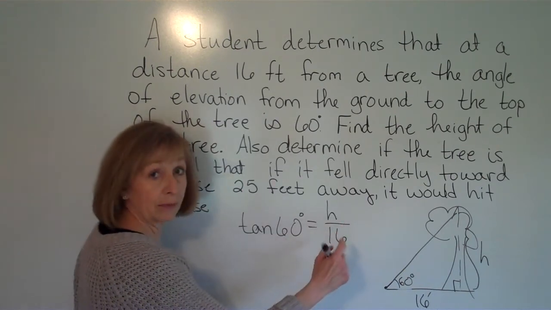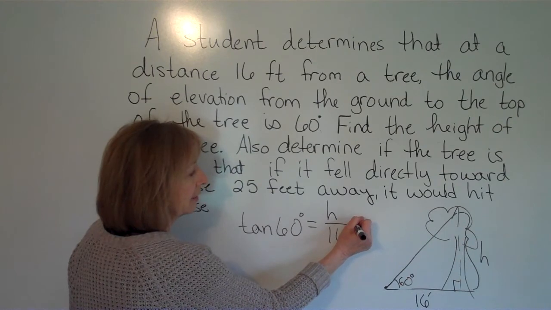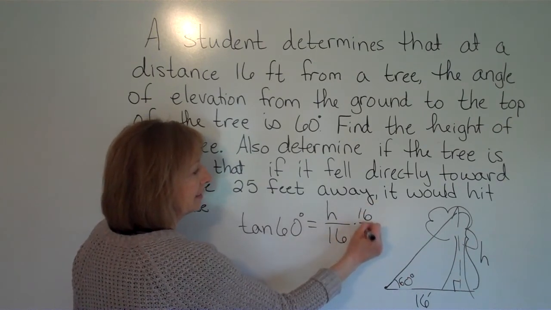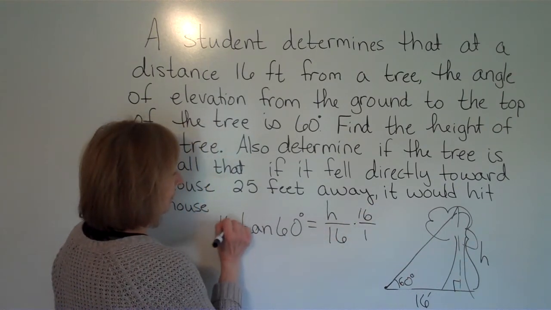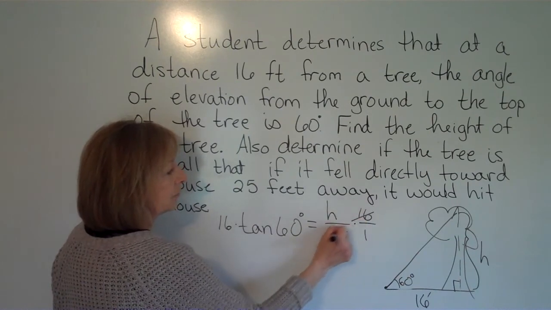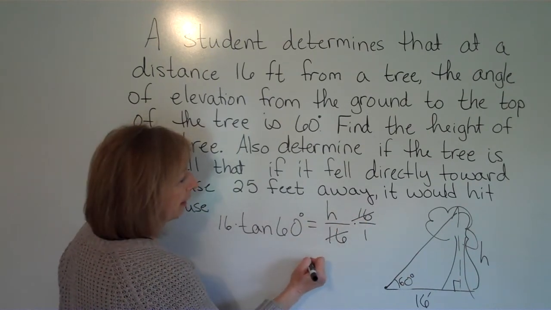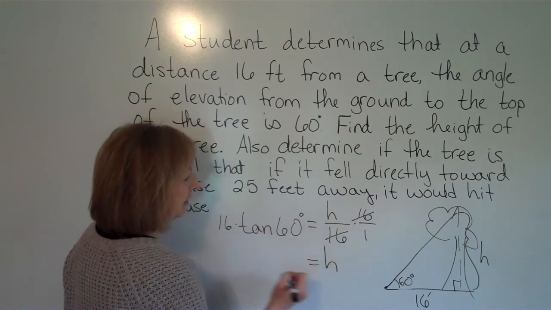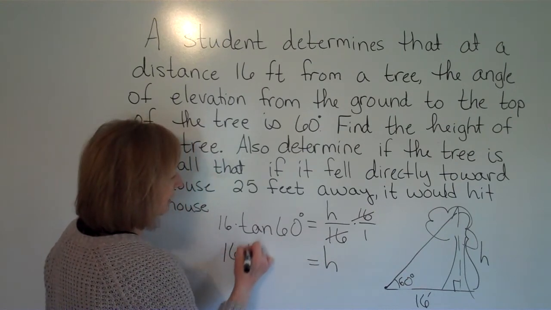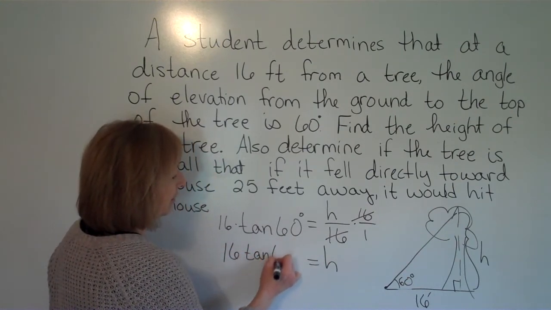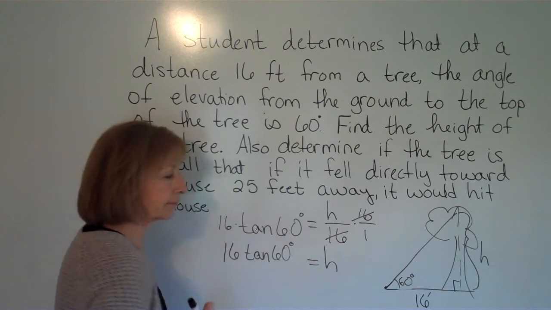So here I want to get rid of the fractions. So I'll multiply both sides by 16 over 1. And the 16s remove as a common factor pair on the right of the equation. I get h. And on the left I get 16 times the tangent of 60 degrees.